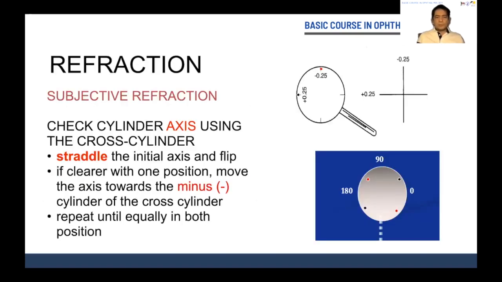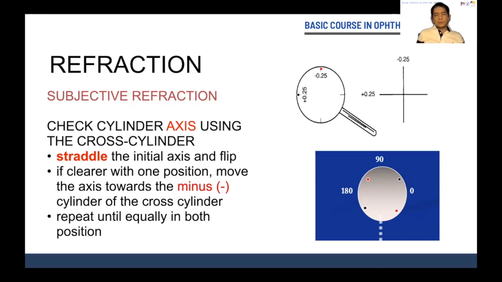So in refinement with Jackson cross cylinder, you are checking if your spherical and cylindrical components after your initial refraction are exact and correct.